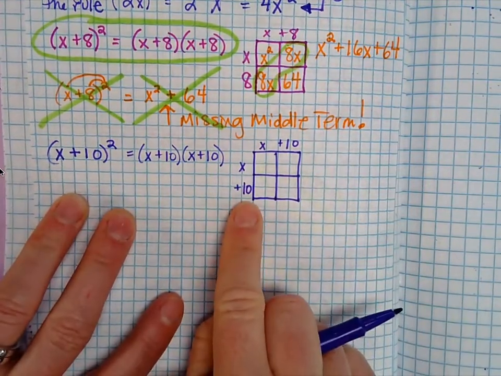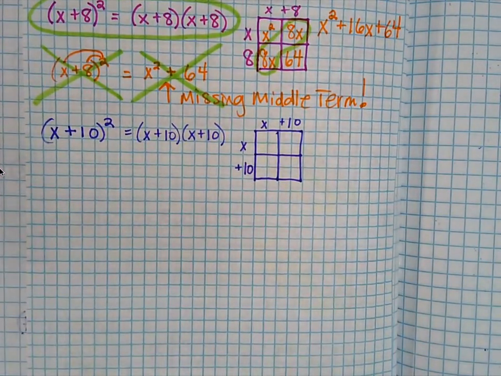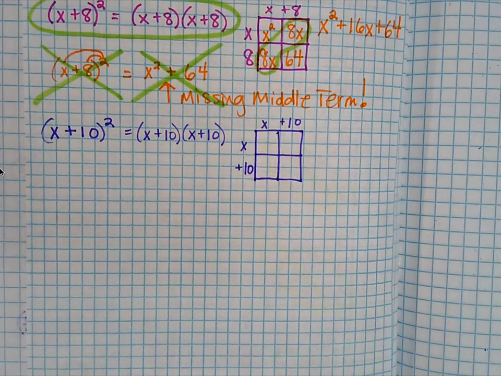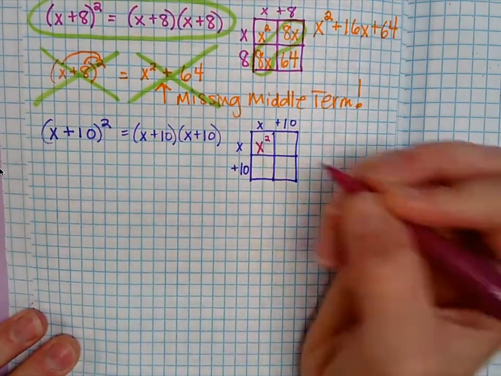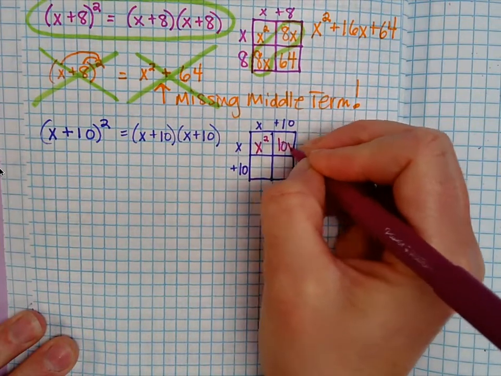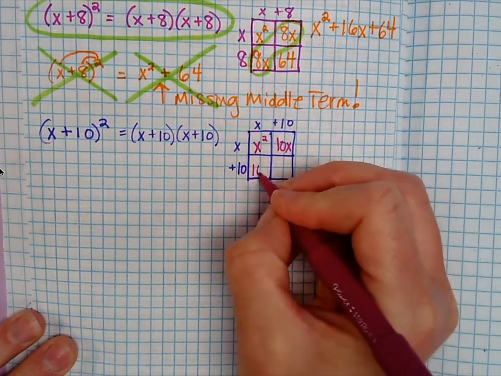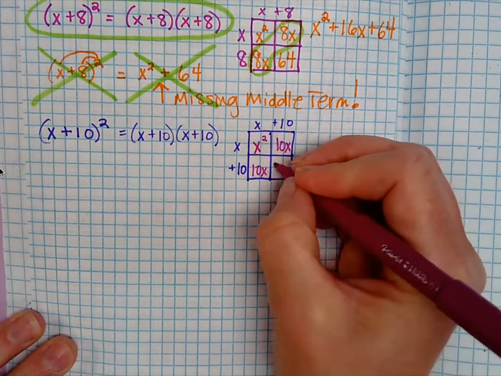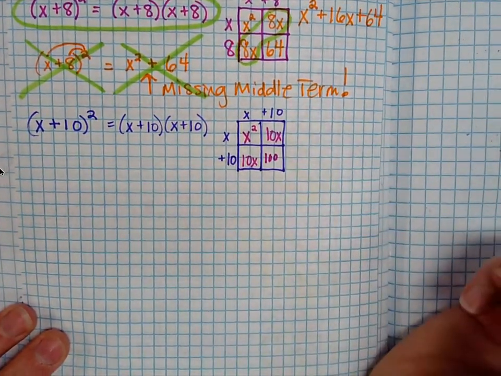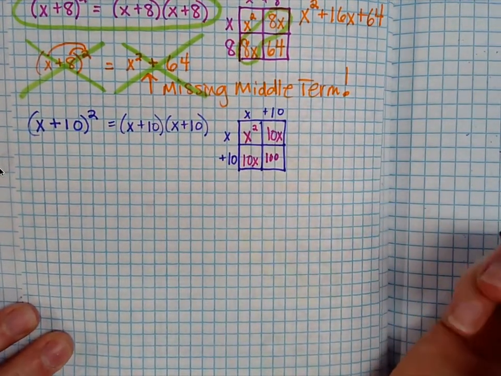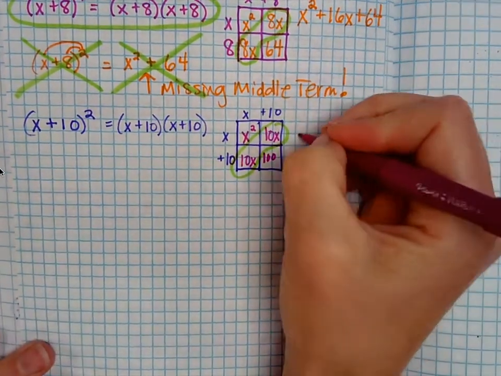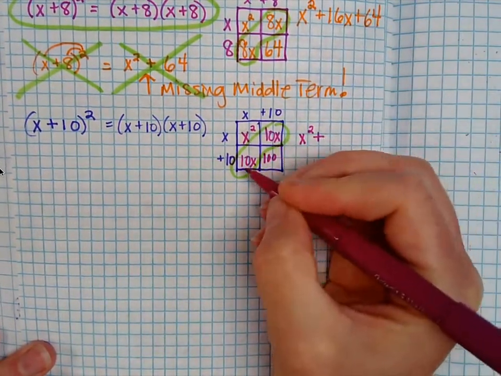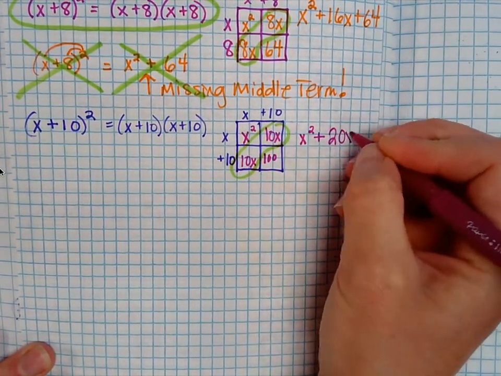The plus on this one doesn't really matter. Like, you don't have to do that. Just sometimes I do. So x times x is x squared. X times 10 is 10x. 10 times x is 10x. 10 times 10, 100. Combine our 10x's. So we have x squared plus, we have 10x plus 10x, 20x plus 100.